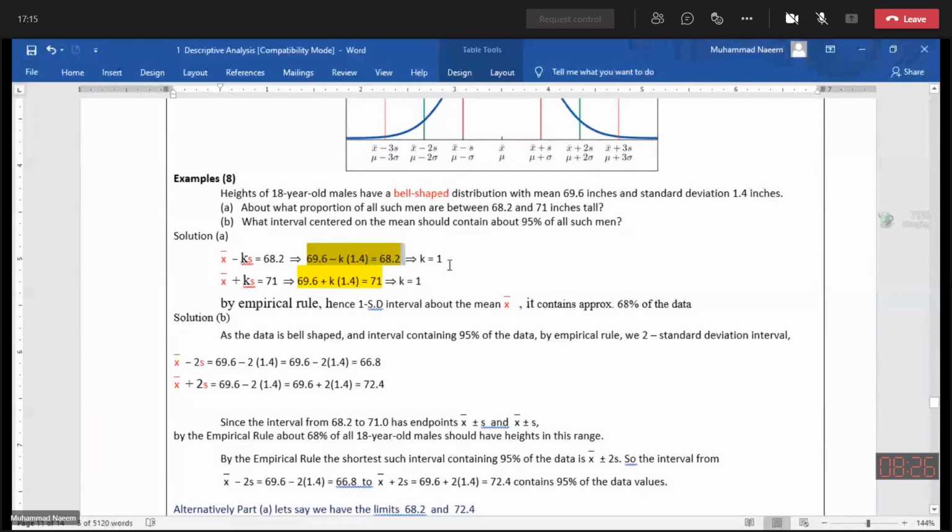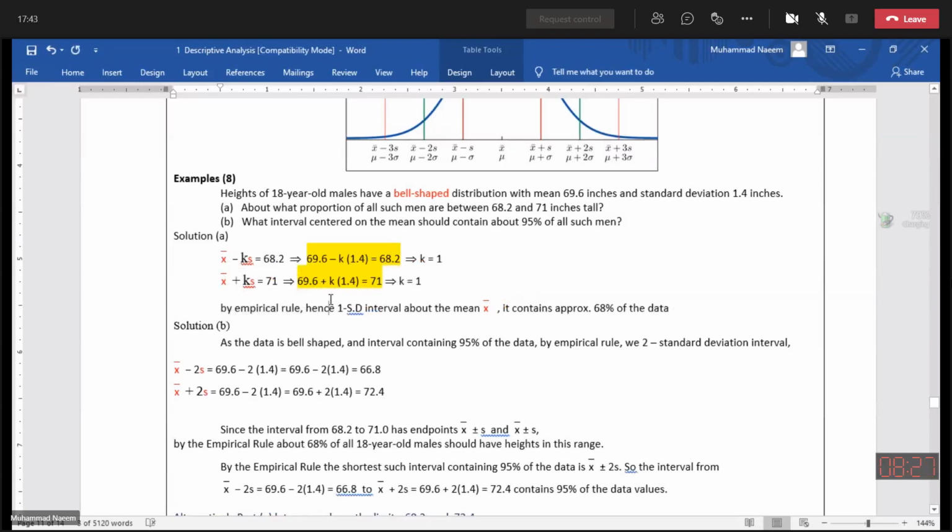Solving this equation, we get k equal to 1. Similarly, solving the second equation, we again get k equal to 1. So this interval is x bar minus 1s to x bar plus 1s. This is a one standard deviation interval. So by the empirical rule, a one standard deviation interval contains approximately 68% of the data.